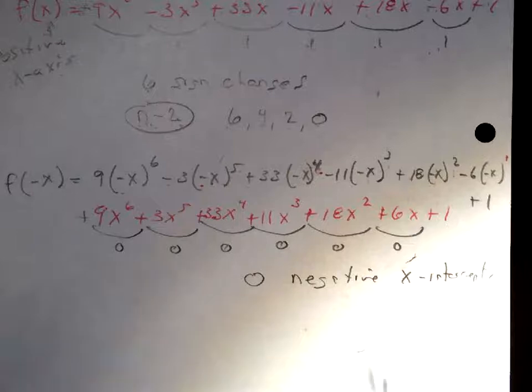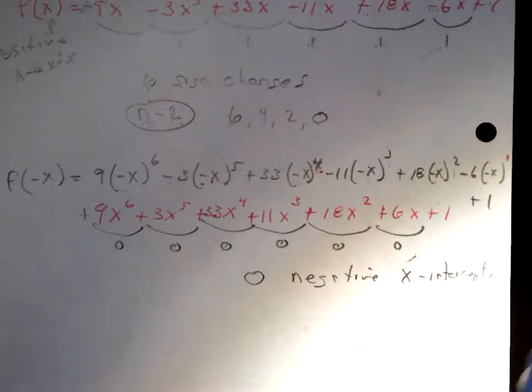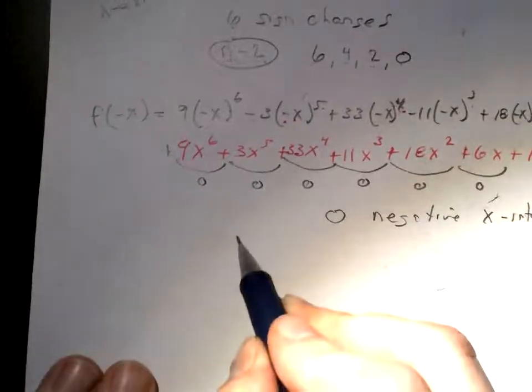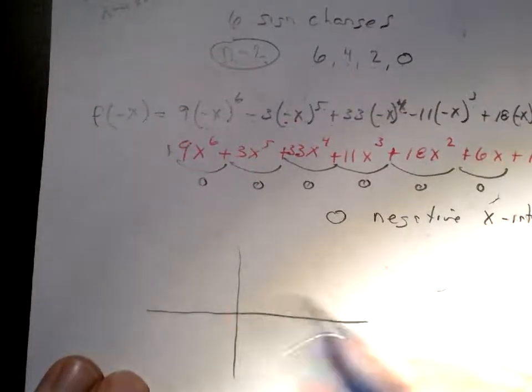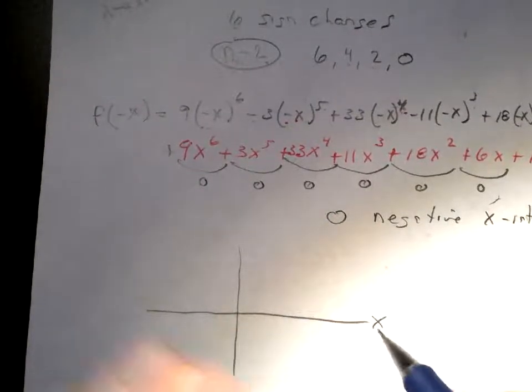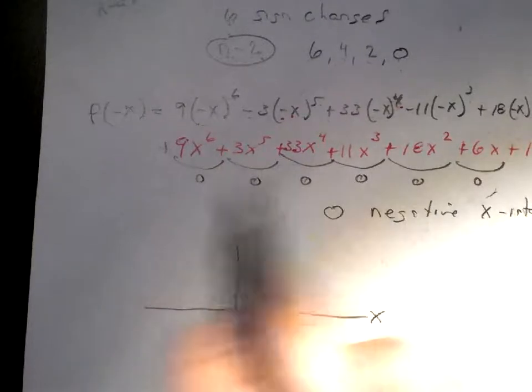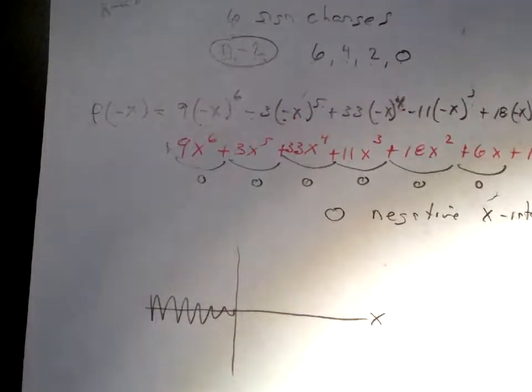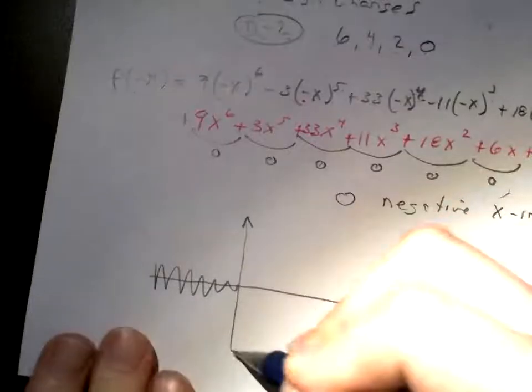That's kind of nice. We have no negative x-intercepts. So what if we have a picture here? Now this is kind of hard to visualize a little bit. Here's your x. According to this, there is nothing going to be over here. There is nothing over there, which is kind of nice.